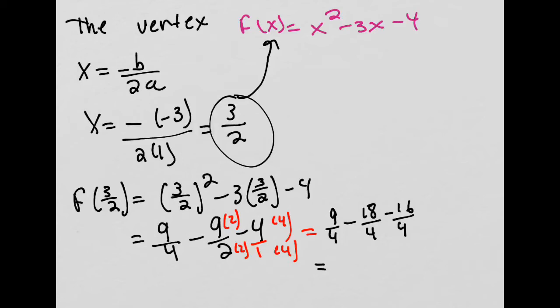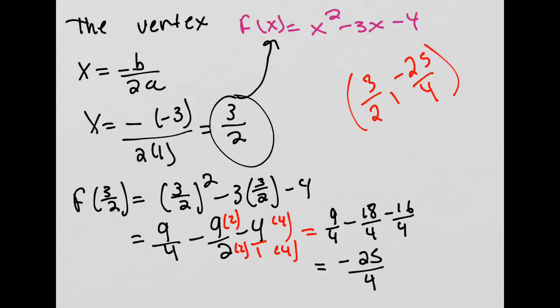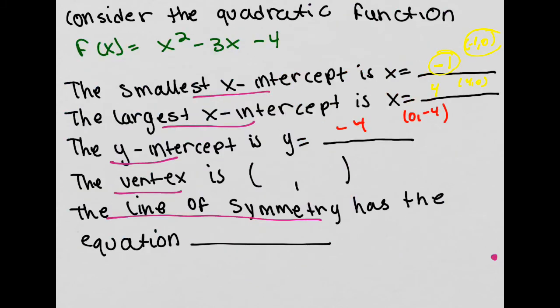So I have 9 minus 18 minus 16. That gives me negative 25 over 4. So the vertex for this function is 3 over 2, comma, negative 25 over 4. I'm going to go ahead and write this here. 3 over 2, negative 25 over 4.